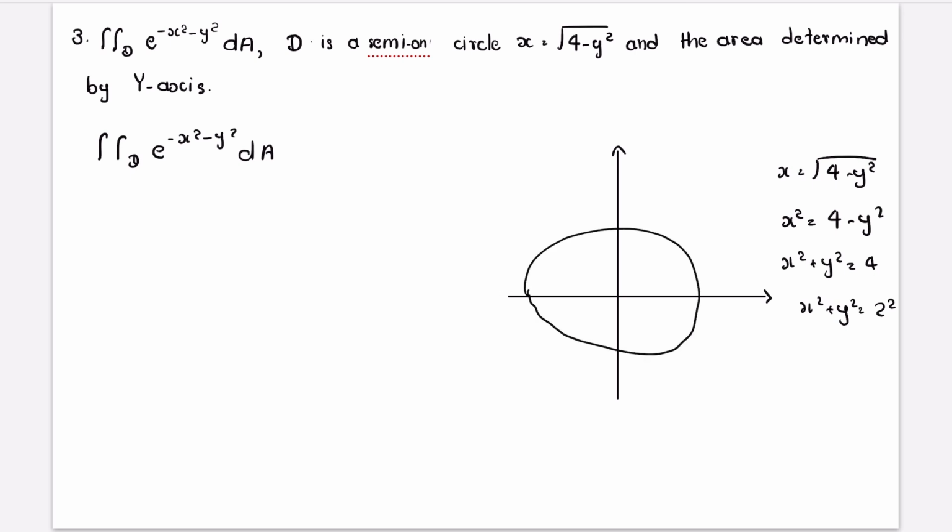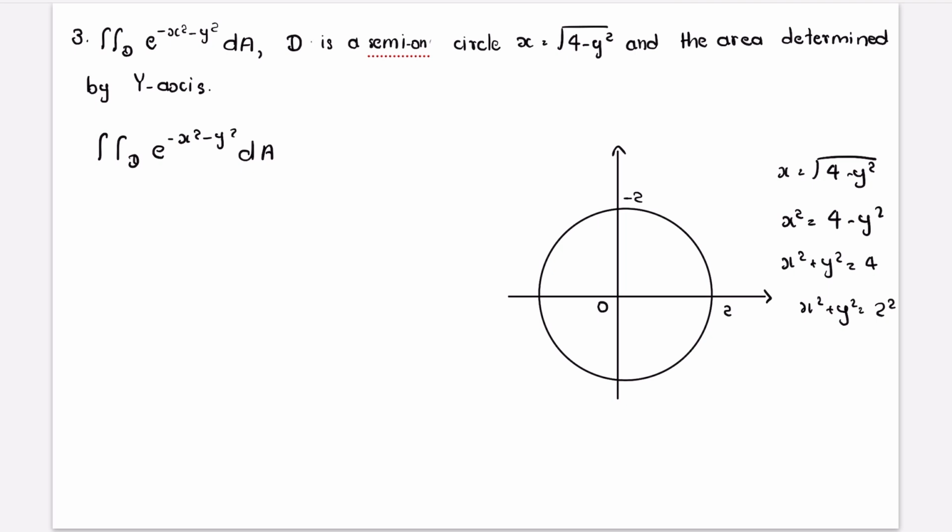So let's draw a circle. Okay, 0, 2, minus 2. Oh, sorry, 2, minus 2, minus 2. One side. So it shows that y is only square root of 4 minus x squared.